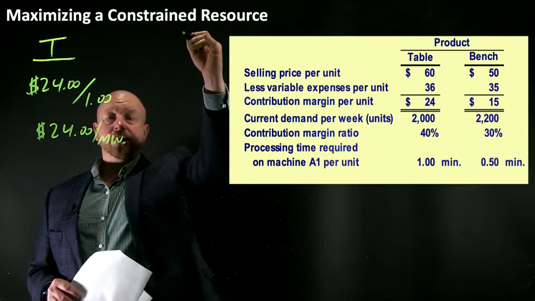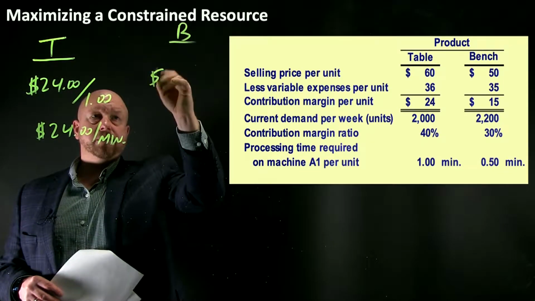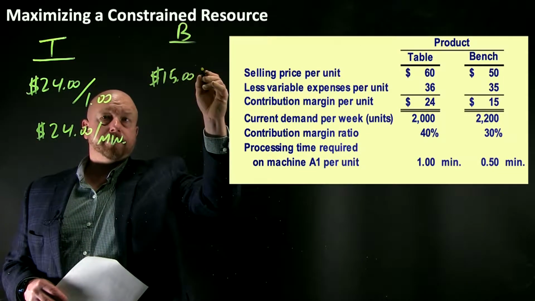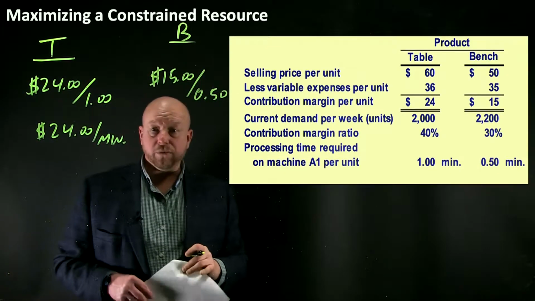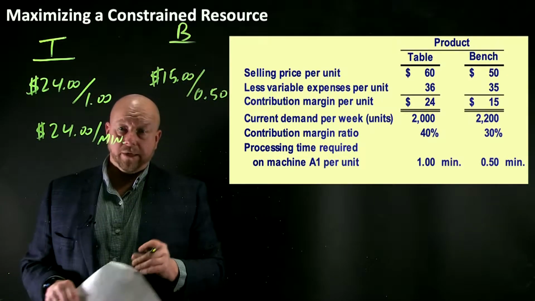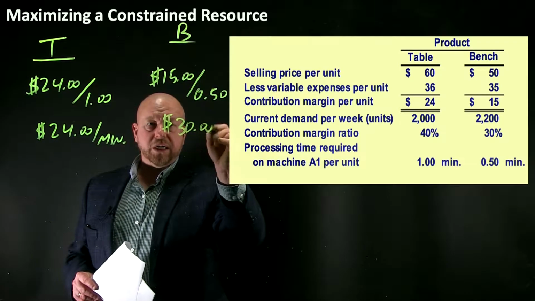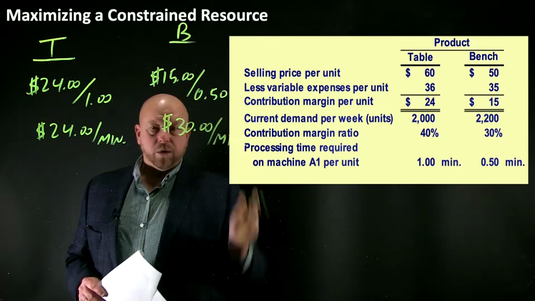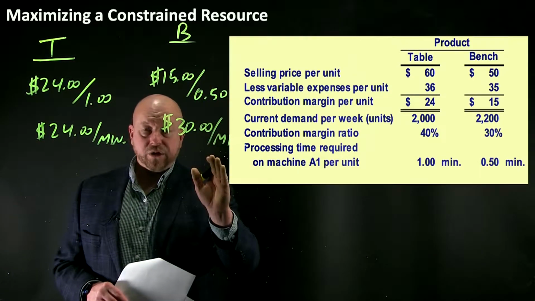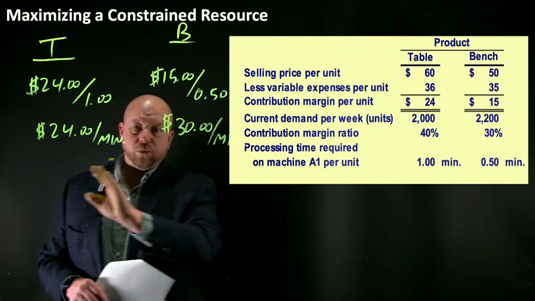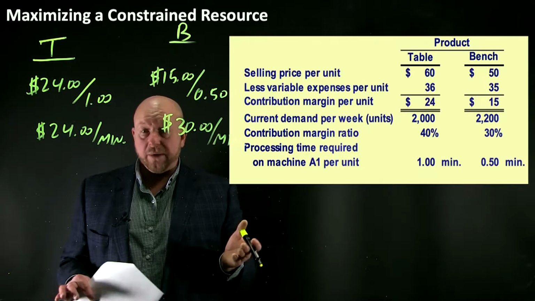Switch over to the benches. The contribution margin is only $15 per bench, but we can make 2 benches in 1 minute. So with 1 minute of machine time, we can generate $30 if we make 2 benches versus the $24 if we only make a table.